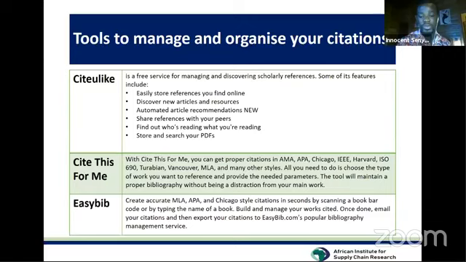Build and manage your works cited, and once done, email your citations and then export your citations to a popular bibliography management service. So it does a lot. So if you can familiarize yourself with this online, it can help you manage your references well.